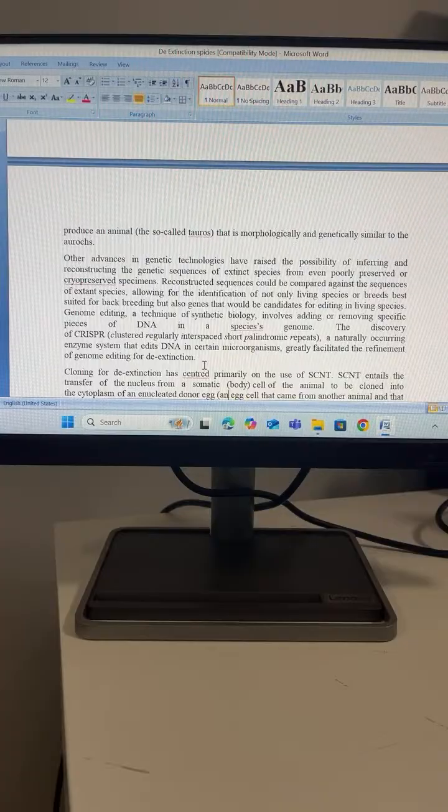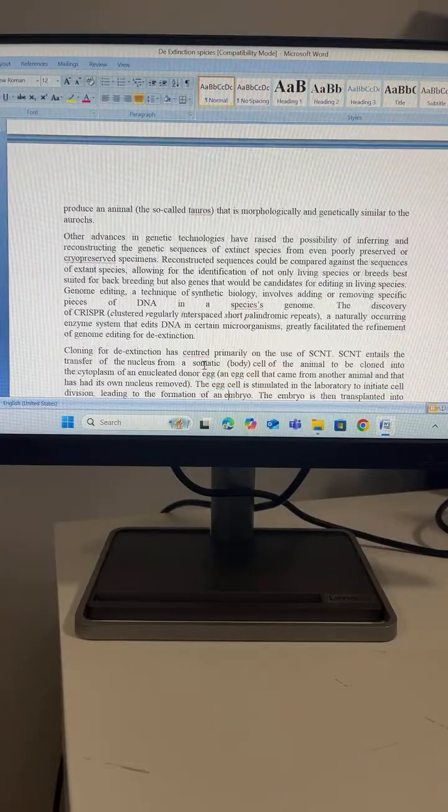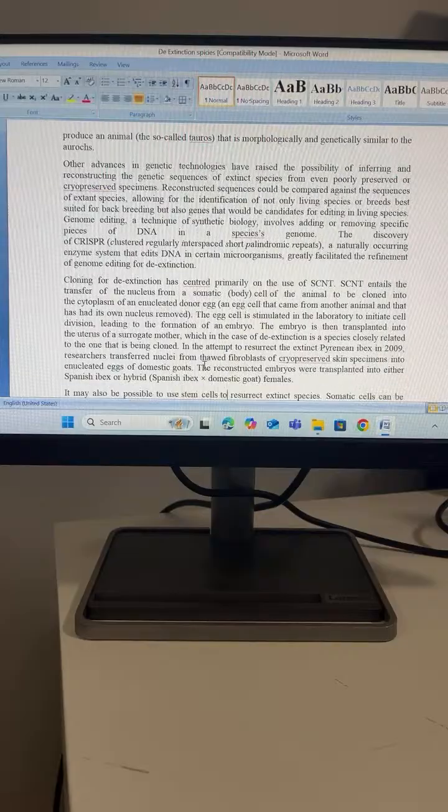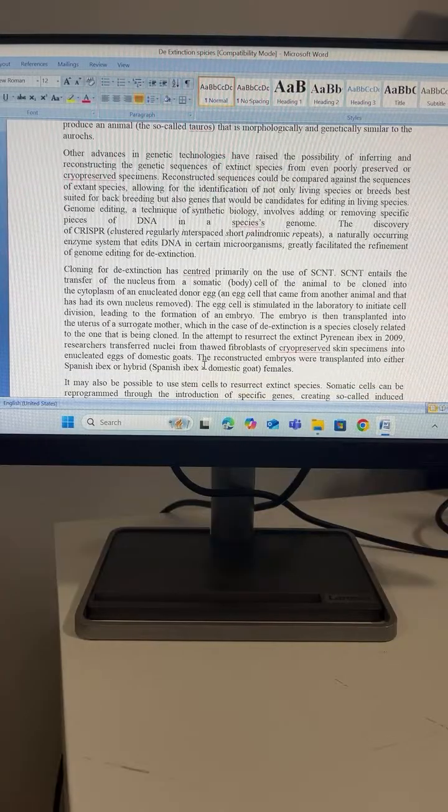Cloning for de-extinction has centered on the use of SCNT. SCNT entails the transfer of the nucleus from a somatic cell of the animal to be cloned into the cytoplasm of an enucleated donor egg, an egg cell that came from another animal that has had its own nucleus removed.